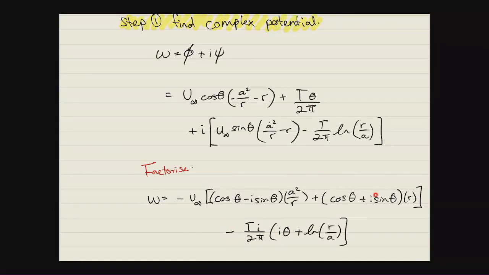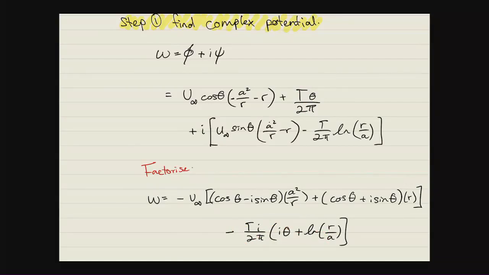Yep, so this term here, basically I've just equated to be negative i squared, so I add a negative i squared here so that I can factorize it as such.